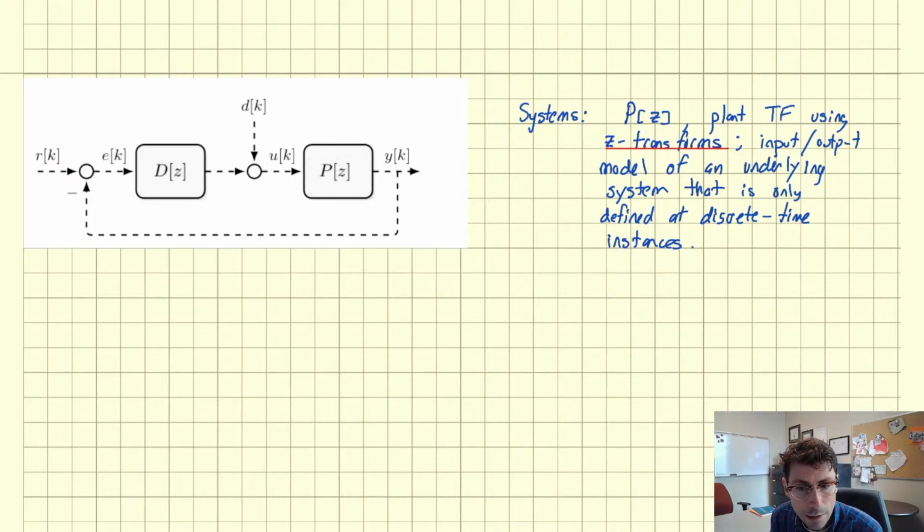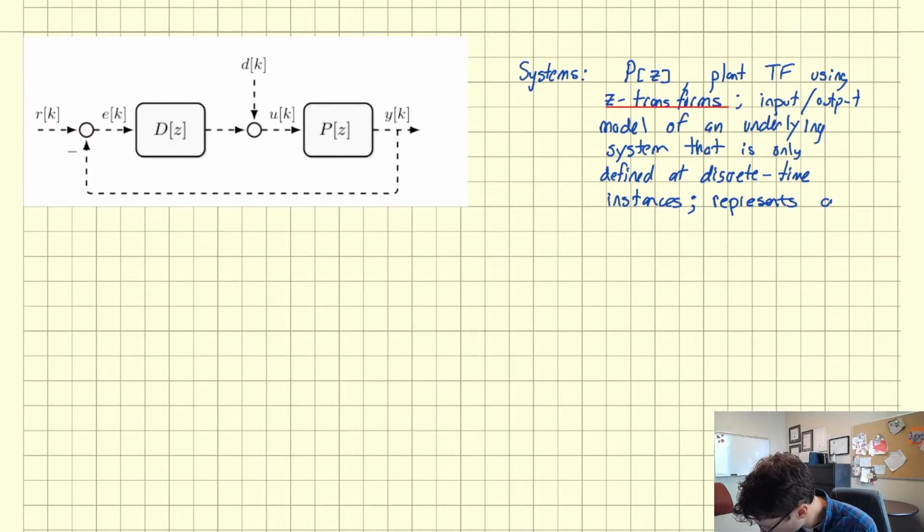Okay, and in the discrete time domain, what it's really modeling is a difference equation as opposed to a differential equation. So P of Z represents a difference equation.